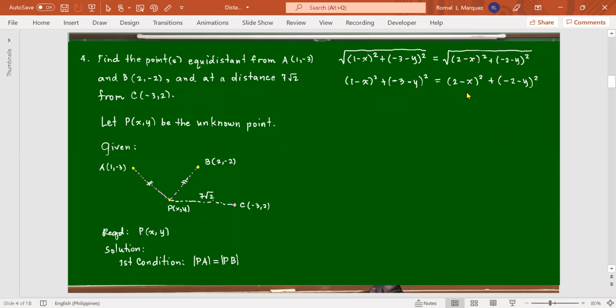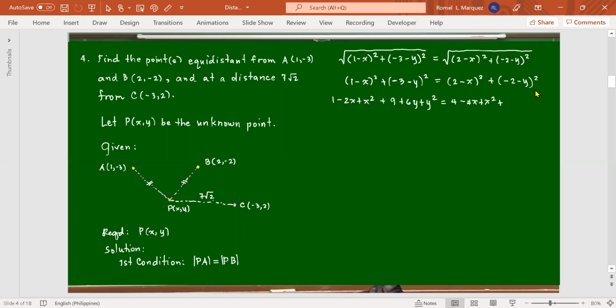Then we expand the binomials involved on each side. Squaring this first binomial here: 1 minus 2x plus the square of the second. In a similar way, we have 9 plus 6y plus y squared. What about the right side? Square the first plus twice the product of the first and the second plus the square of the second.